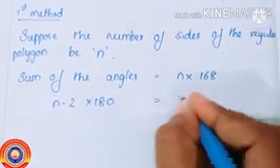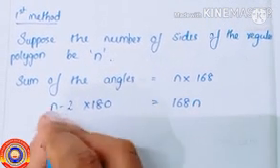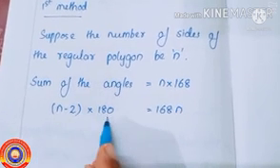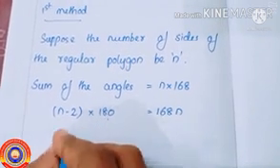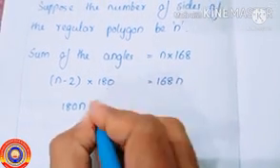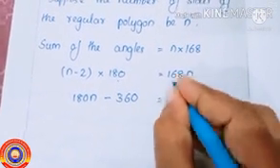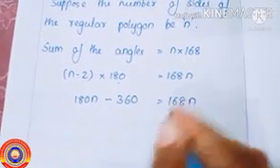That is equal to n into 168, that is 168n. n into 180 is 180n, minus 2 into 180 is 360, which is equal to 168n.